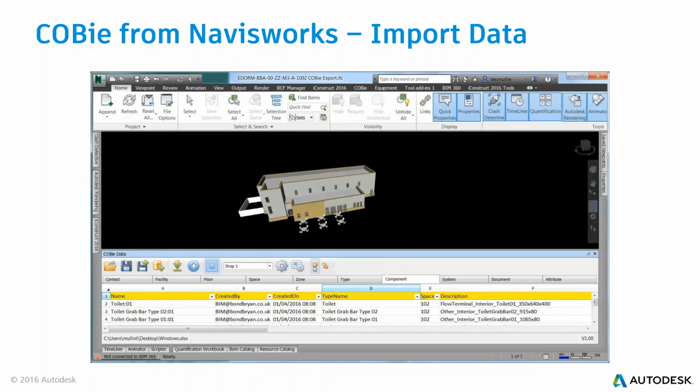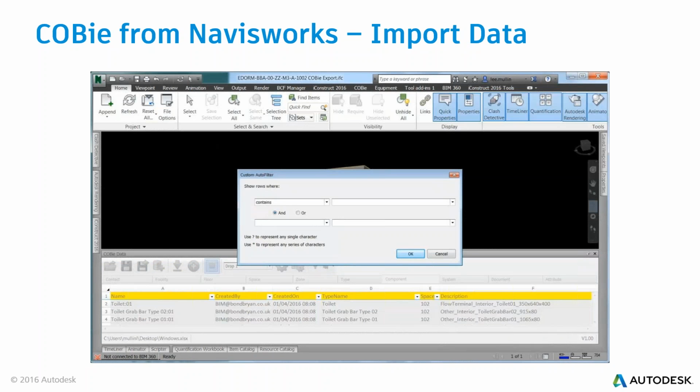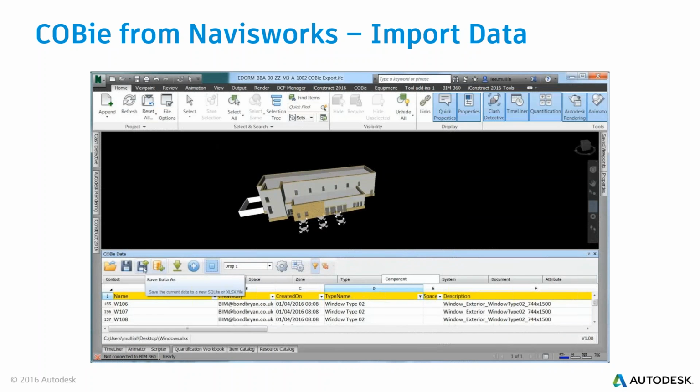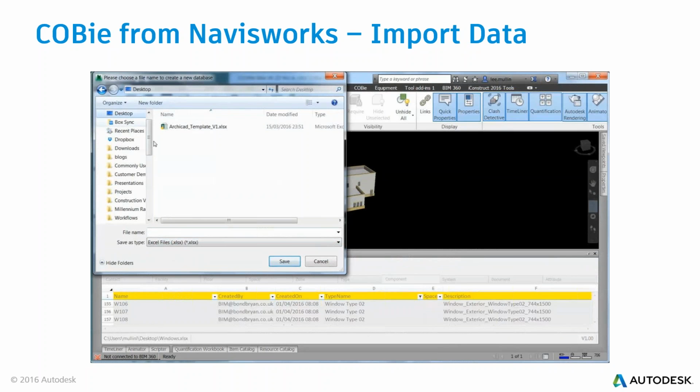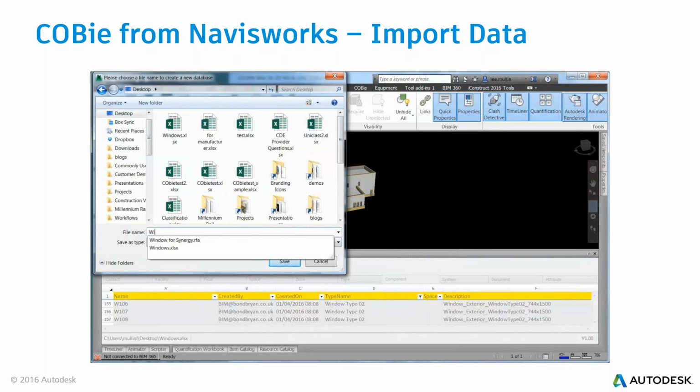And then you would also be able to, like I say, export this data out to Excel, pass that to your manufacturers or suppliers, get them to fill that information back in, import that back in, and that would then help you build your full COBie spreadsheet.